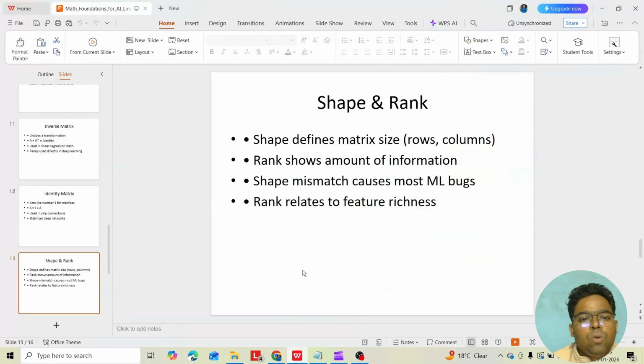And if you look, it's saying that shape mismatches cause most ML bugs, that is true, and rank is related to feature richness. If you have a higher rank, then its features are much bigger and you can have many more parameters in the model itself.